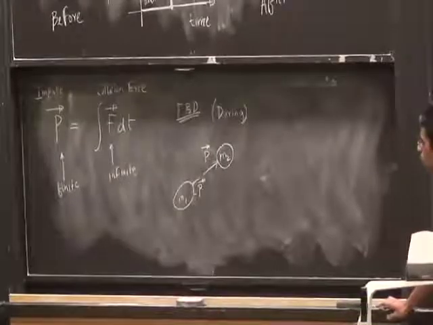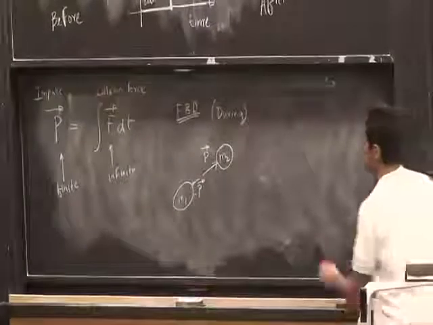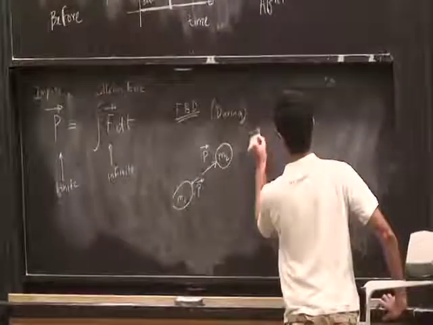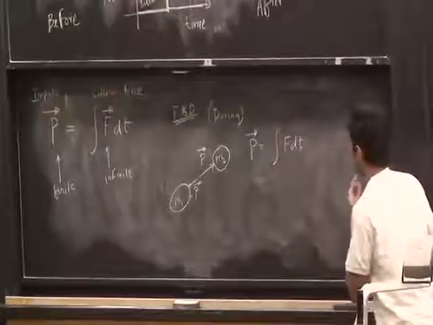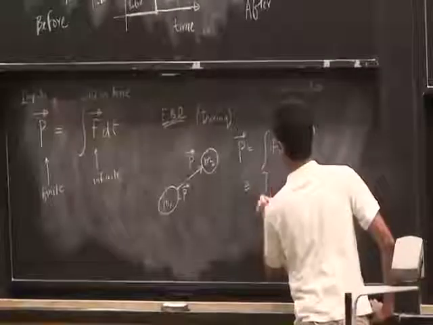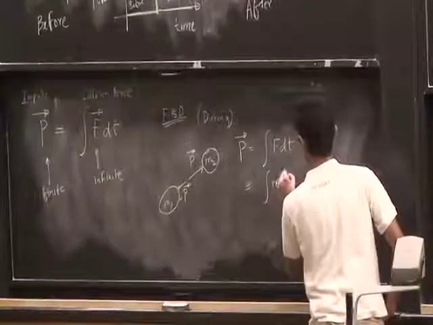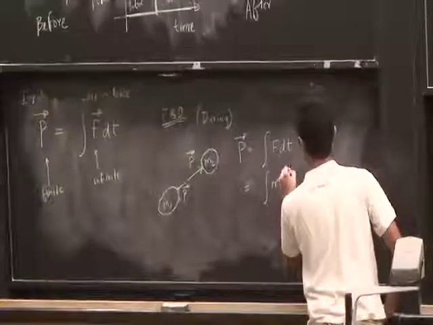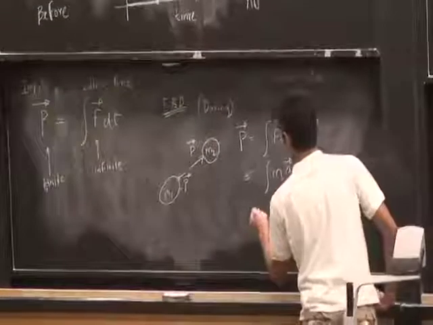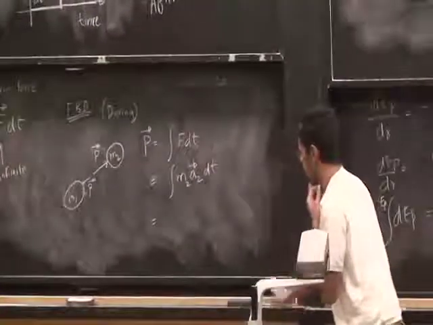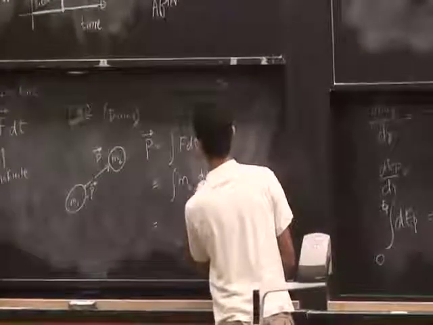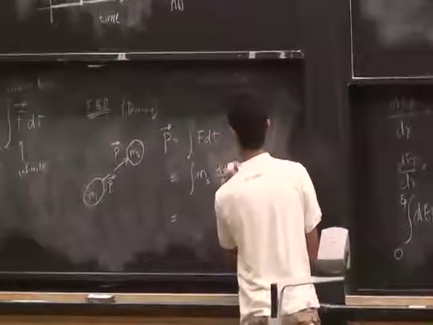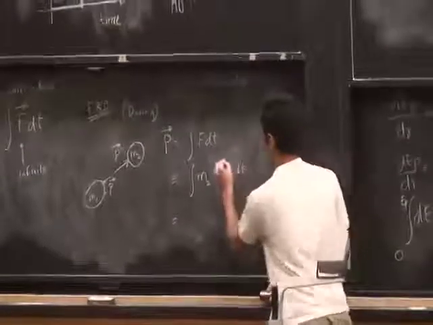Because the question is, what is P? So P is integral f dt, and you can write f as ma, so m2 a2 dt, and a2 dt can be rewritten as dv2, right?